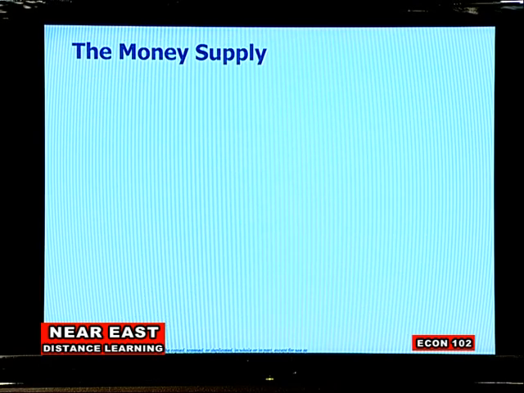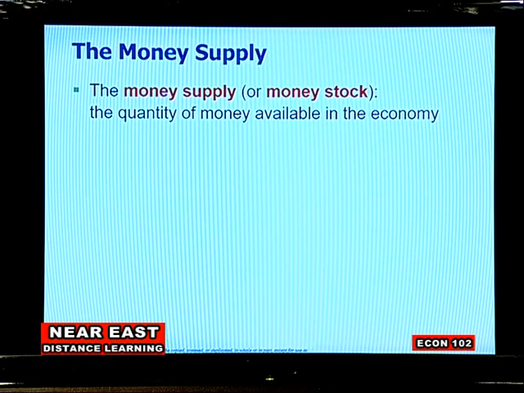Then the next slide is money supply. By money supply, we are referring to the quantity of money available in the economy, the stock of money available in the economy, the amount of money that is being produced by the central bank or the Federal Reserve to circulate in the economy. That is money supply.